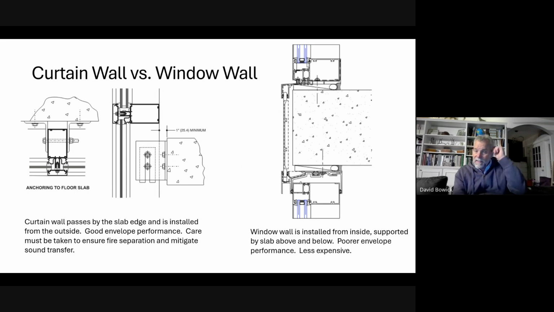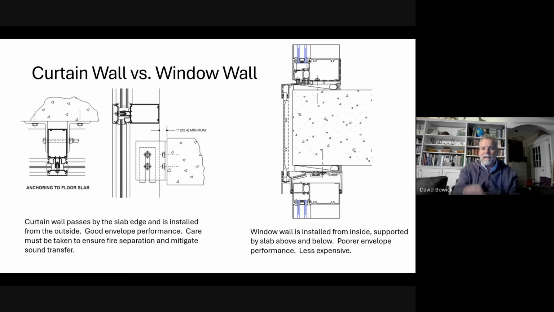But what that's called is a spandrel panel. So this is a panel of glass. It's not an insulated glass. Often it's back painted. So it's opaque. And what is not indicated here is that there is an insulated assembly between the spandrel panel and the edge of the slab.